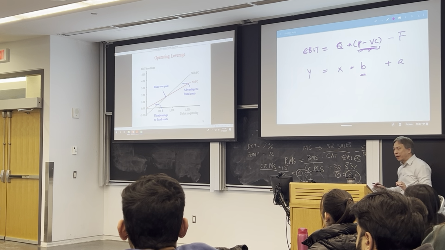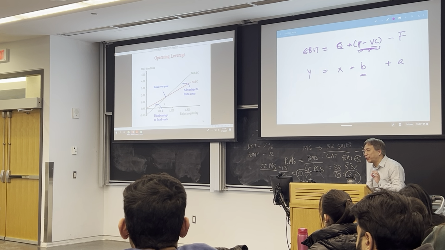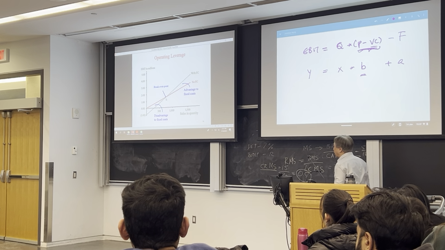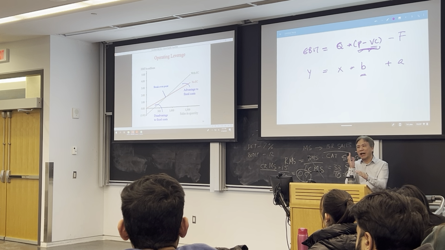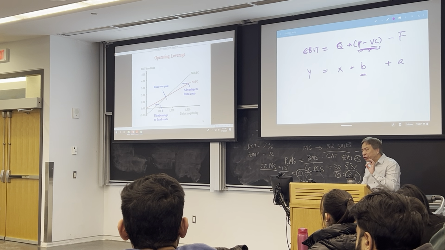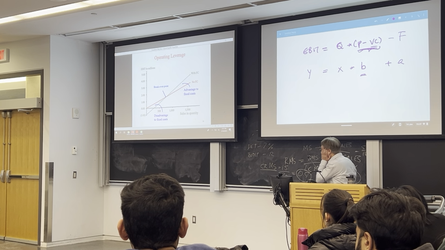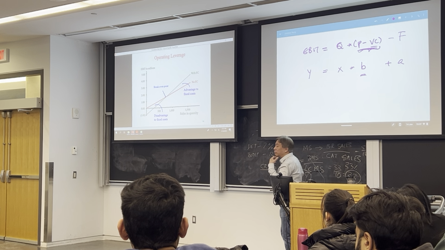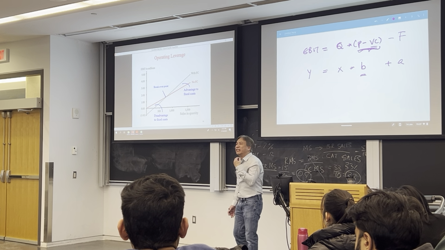Okay, all right? Now, when the two have different slopes, unless they're parallel, they should have an intersection, right? Now, this point, the textbook calls it the break-even point, but I will use a different word.